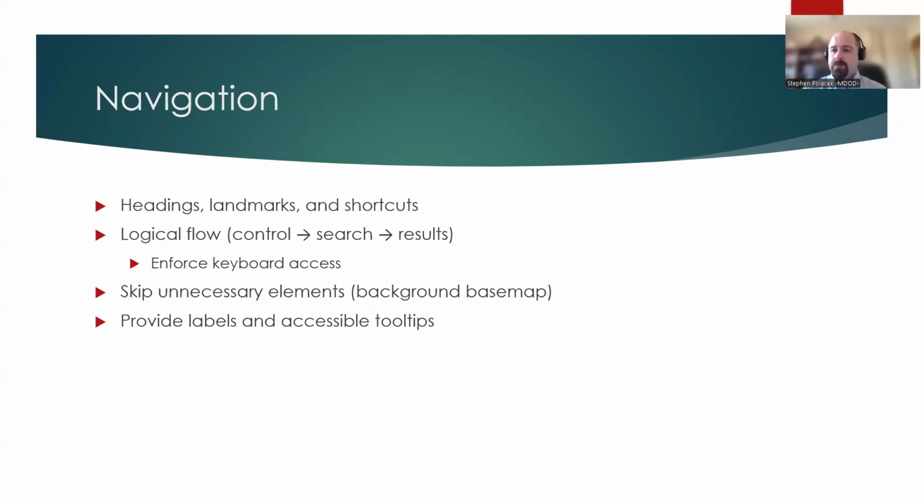Headings and landmarks give not just a visual way of distinguishing, here's your search results, or here is this location on the map, but they give us a programmatic way for AT to jump to that section, so they don't have to scroll through all the menu options to get there. Same with landmarks. Shortcuts, in some cases, are either links to certain areas, or if you have the option, you can program in totally new ones.